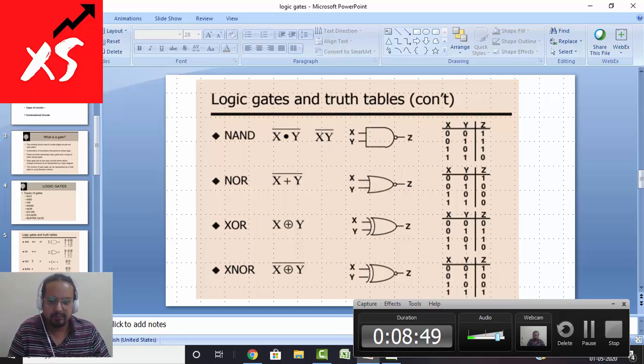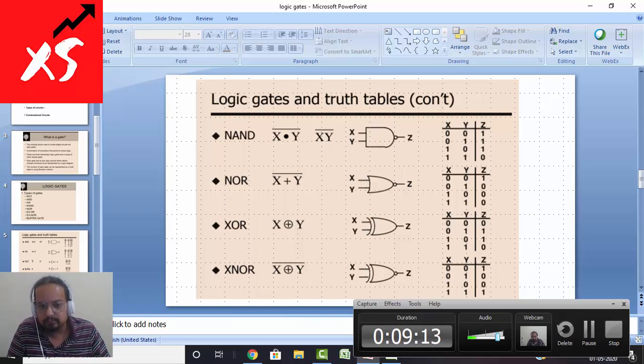When both are 0, you get a 0. When both are 1, again you get a 0. Got the point? So in cases when one is 1 and the other is 0, or 0 1 or 1 0, those are the cases in which you get 1. And the exact reverse of it, when you apply a NOT to it, that is what we call XNOR. In that case, it becomes reversed, right? When both are 0 or both are 1, that is the case when you get 1.